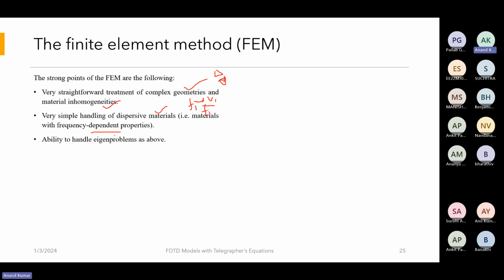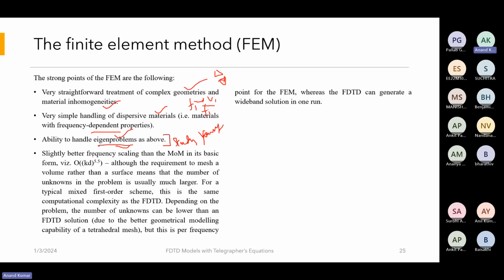We can solve eigen problems; study yourself if you want to know more. This is in itself another course, so we won't get into this. Slightly better frequency scaling than MOM: instead of 6, this becomes 5.5, which for an exponential is significant, although it does not look significant.